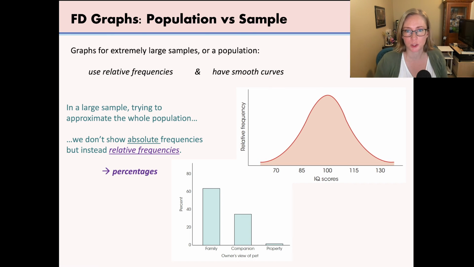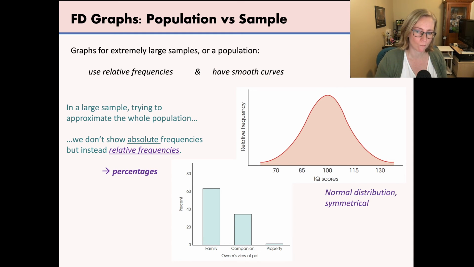And another thing is that you end up having very smooth curves because all of that data is basically where you maybe had spaces in between, like a lack of scores. Because you have such a large number, like thousands or millions of people, it smooths everything out. And so your envelope, remember like the polygon, your envelope ends up being nice and smooth. And depending on what the data is, most of the time we end up falling into the normal curve, right? And we're going to keep encountering this guy, but this is a nice normal curve.